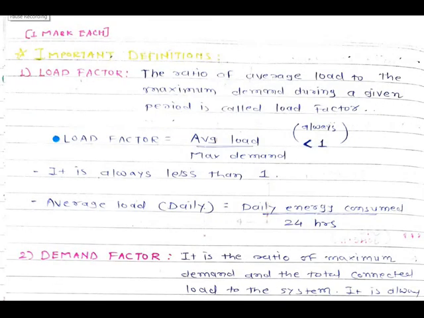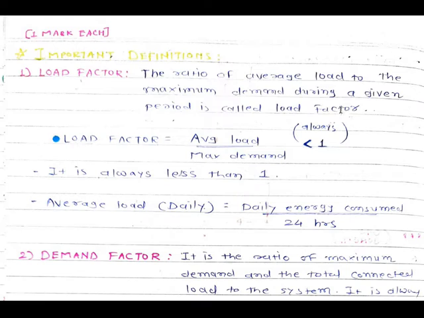Now, important definitions which may be asked for 1 mark in the GTU examination. First one is load factor. The basic definition of the load factor is that the ratio of average load to the maximum demand during a given period is called load factor.